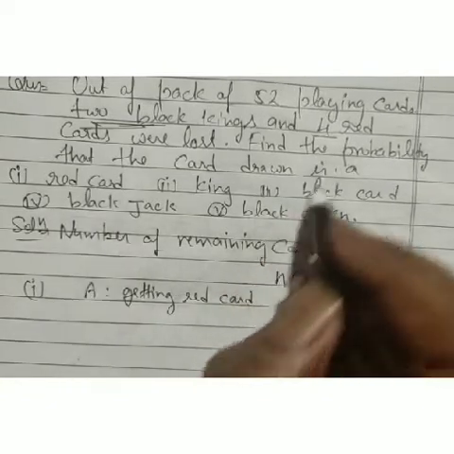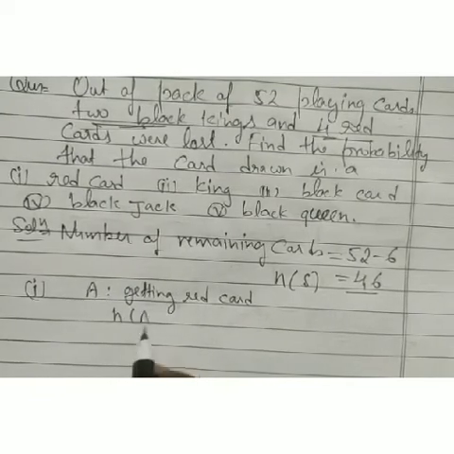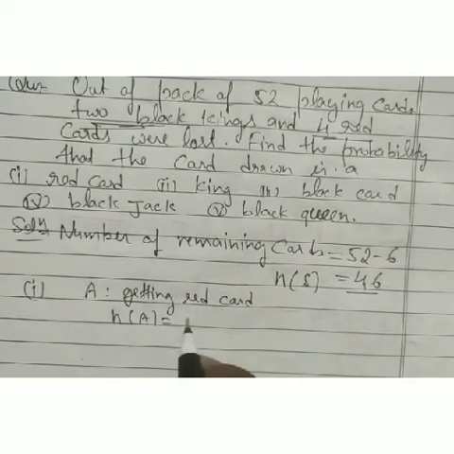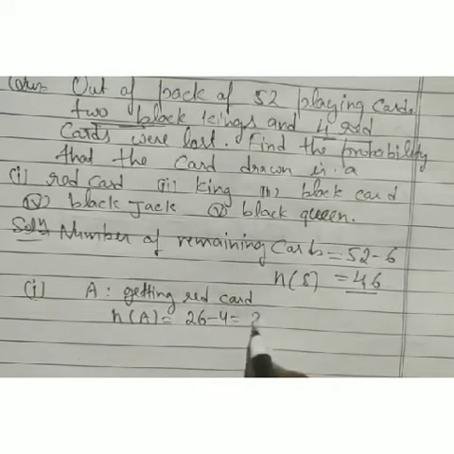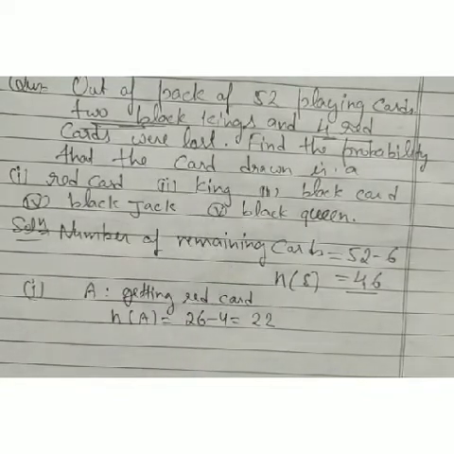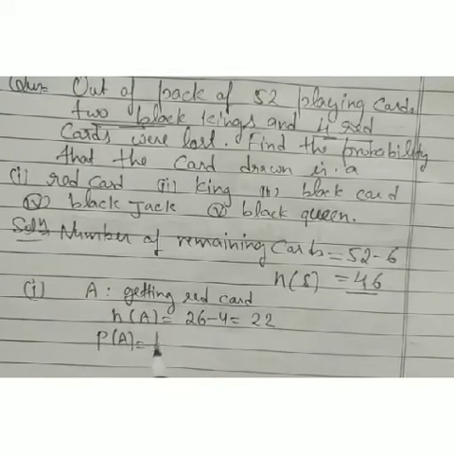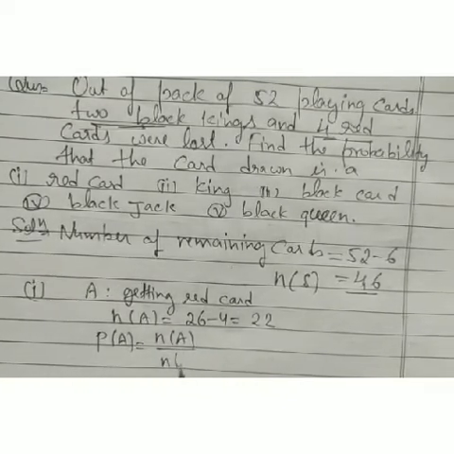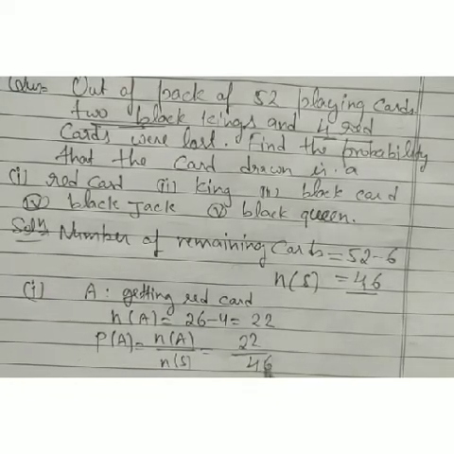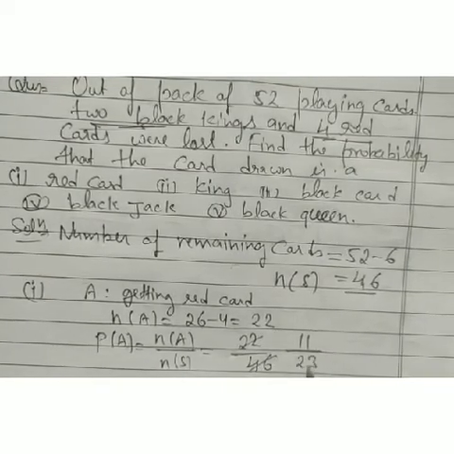Given that 4 red cards are missing, what is the number of outcomes in A? In total we have 26 red cards and 4 are missing, so 26 minus 4 gives 22 red cards. Then the probability of A is given by the number of favorable outcomes over the number of total outcomes, which is 22 upon 46, and that is 11 upon 23.